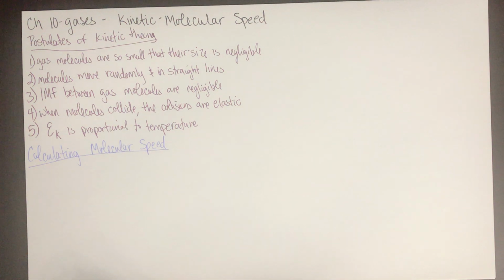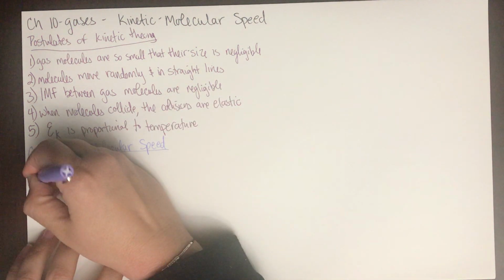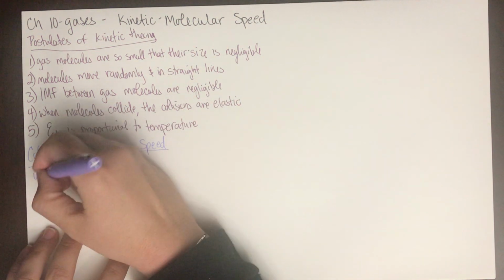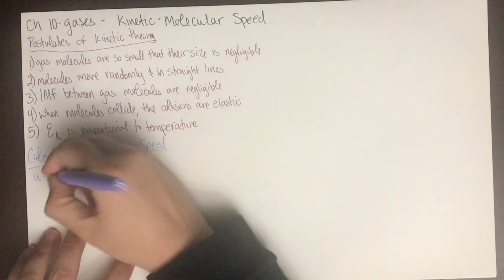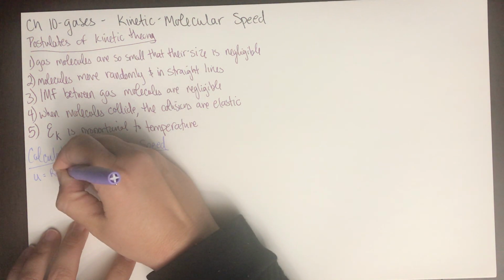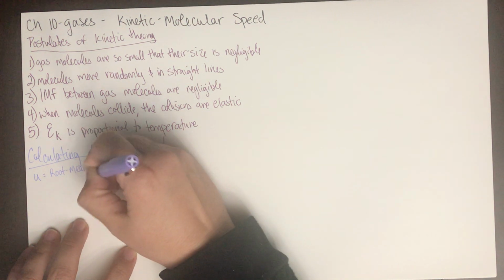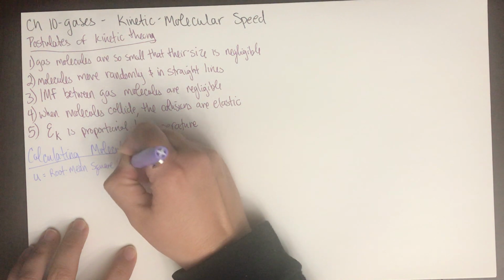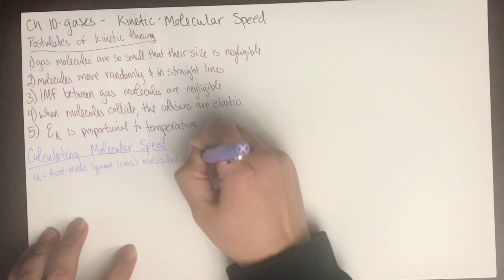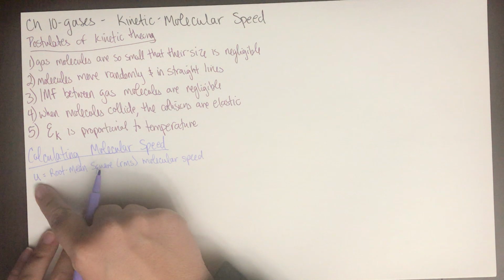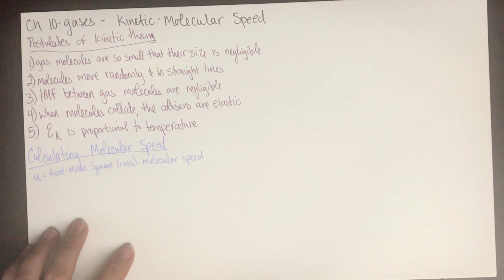The symbol for molecular speed is U, a lowercase u, and this is what's called root mean square molecular speed, which is abbreviated RMS molecular speed. We'll probably just refer to it as molecular speed from here on out, but this is the whole name. So this is an average molecular speed at an average molecular kinetic energy.